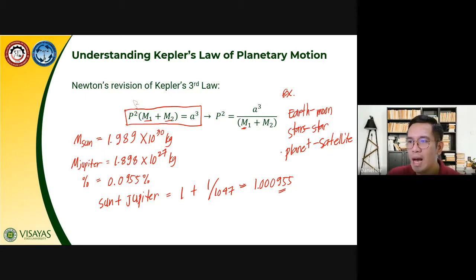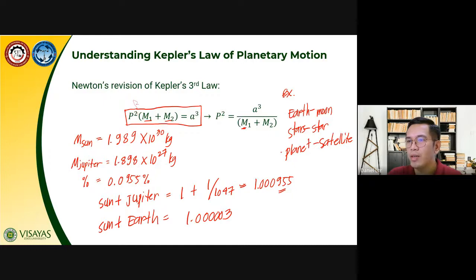So what will happen? Well, the mass correction factor would be 1.000955 instead of that between the Earth and the Sun, which is 1.00003. So for the Sun and Earth, that would be 1.00003.